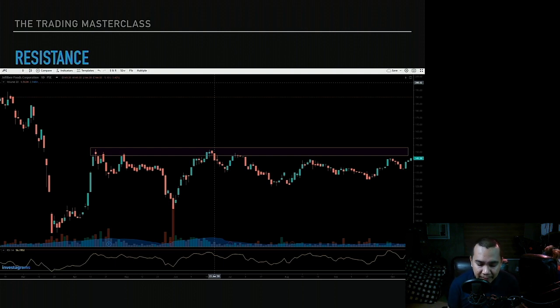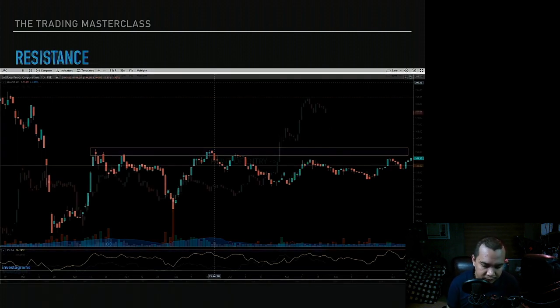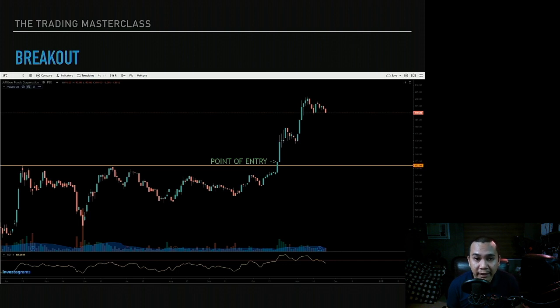So a breakout happens when the price, let's use the green one, goes beyond that resistance. That's a breakout. Okay? So here's the example of a breakout. This is the same chart, the same resistances that I showed you earlier.